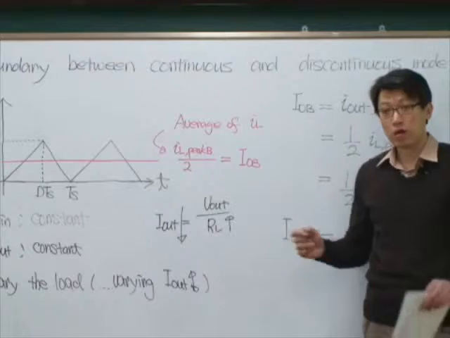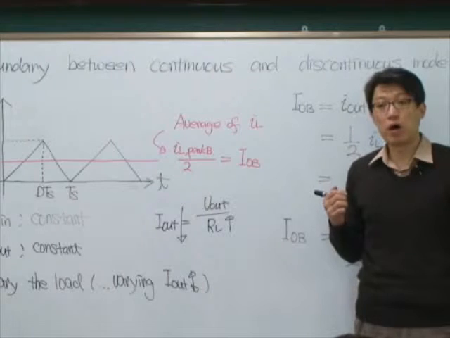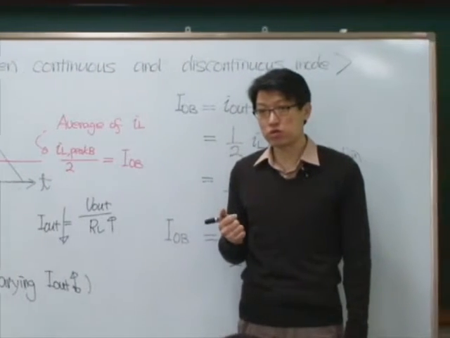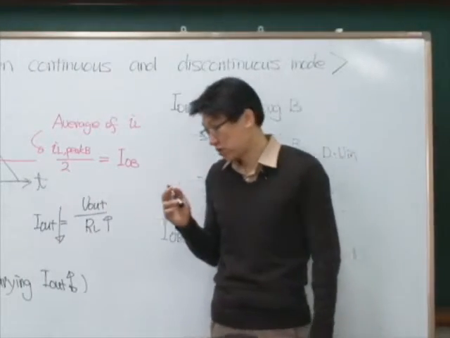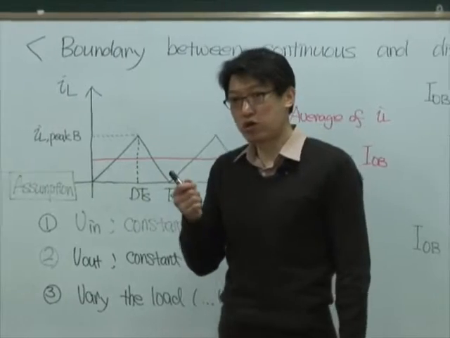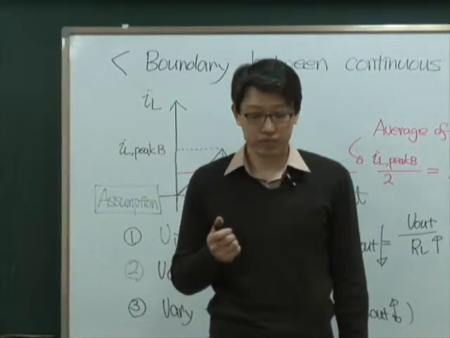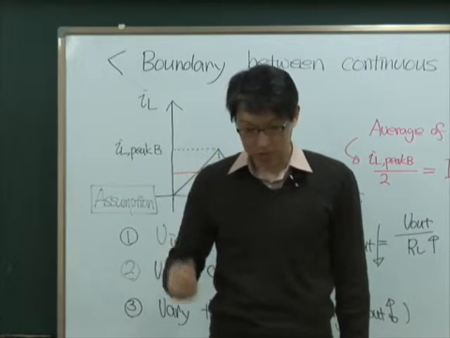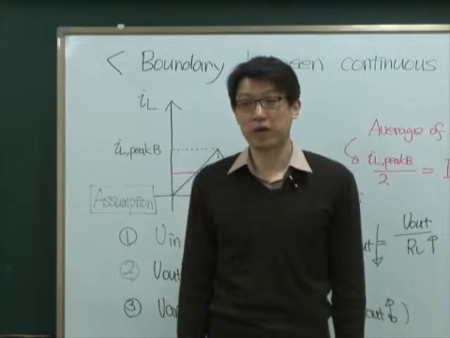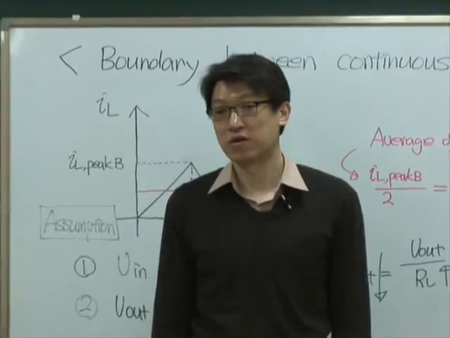Now, under these conditions, let's take a look at how it determines the continuous conduction mode and discontinuous conduction mode. Okay? Now first, your battery is fully discharged and you want to charge your battery. Maybe in, I don't know, in a restaurant, can you charge your battery in a restaurant or convenience store?